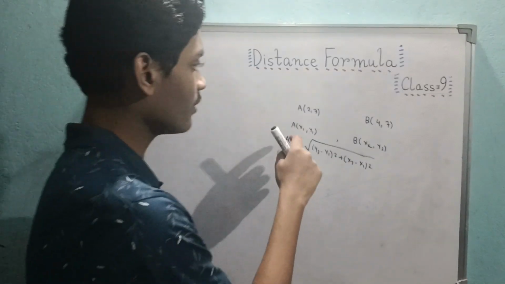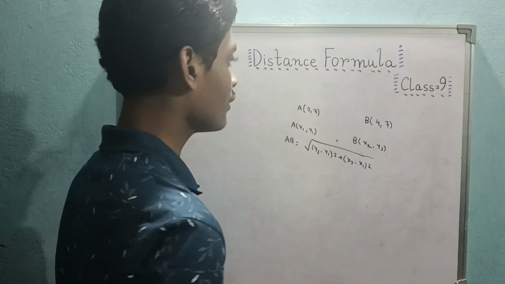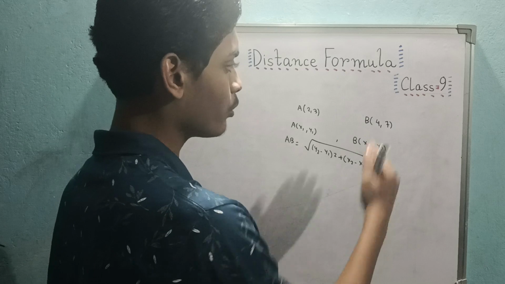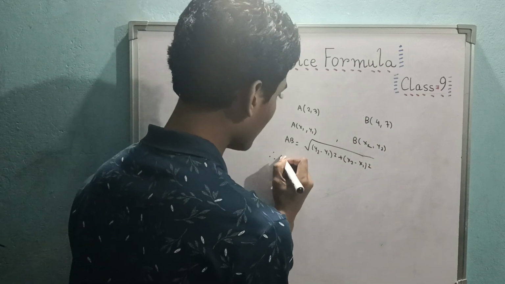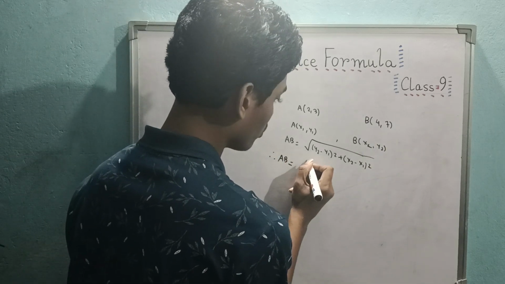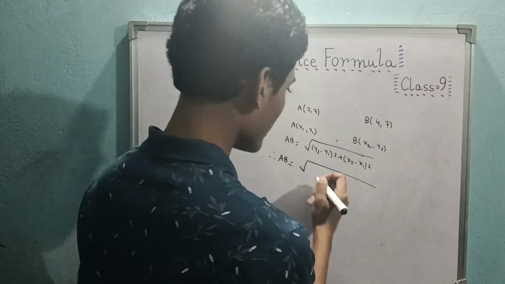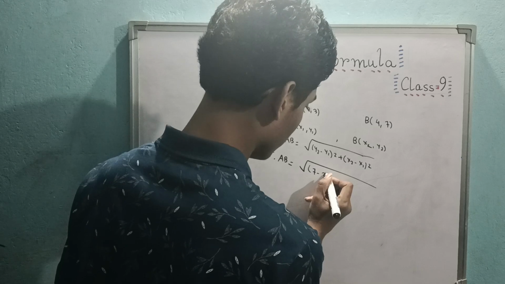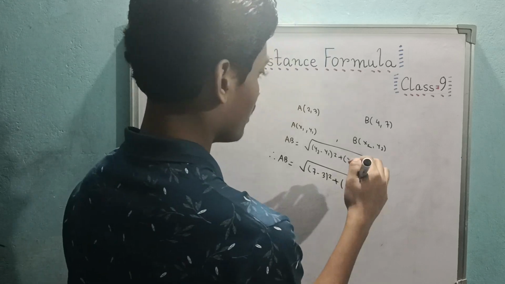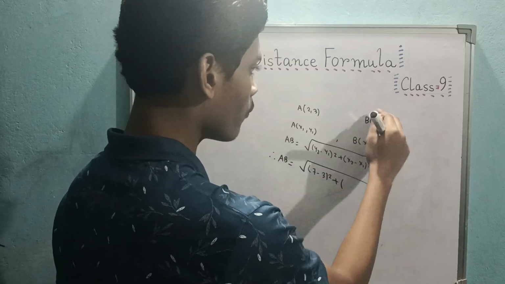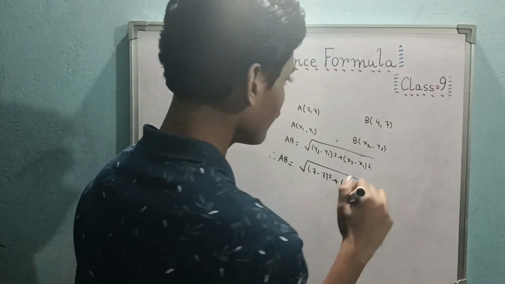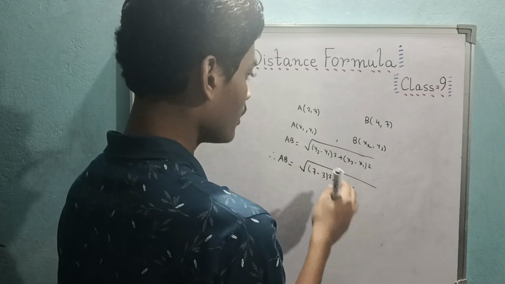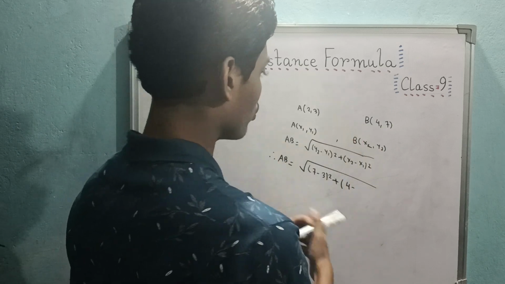So if you just compare, here x1 is 2, y1 is 3, x2 is 4, y2 is 7. Therefore here AB will be equal to root of y2 is 7 minus y1 is 3 square plus x2 is 4 minus x1 is 2 square.